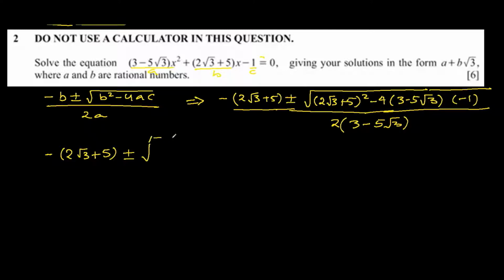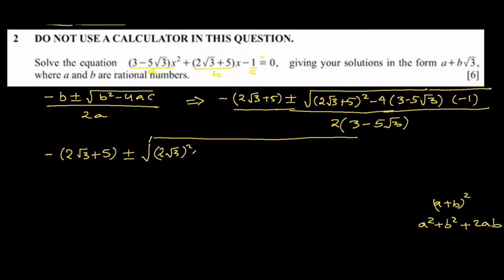Okay, next thing is to square this one, and this time I will use the identity a plus b whole square. So it is just like the previous one, but the last term is plus 2ab, and that's what I'm going to do here. So 2 square root 3 square plus 5 square, minus, rather plus 2 times 2 square root 3 times 5.